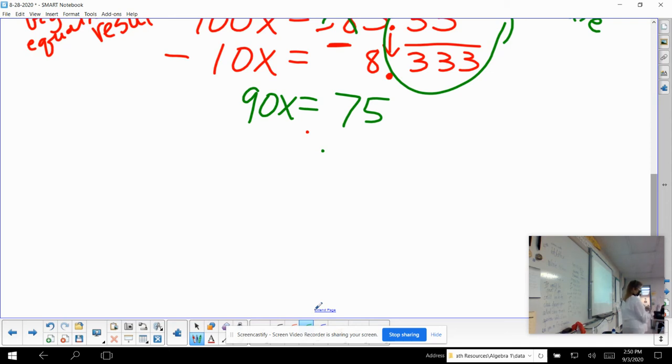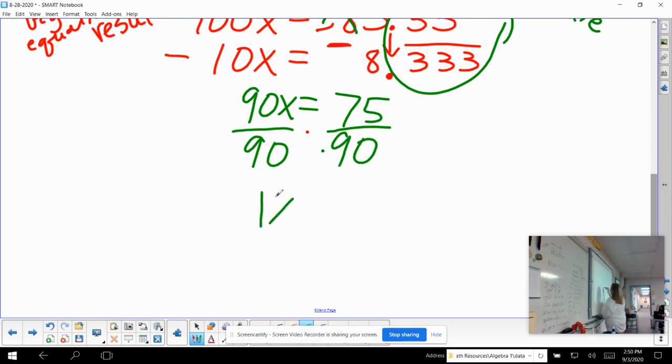Step 7, look for the number that's with the letter and divide both sides by that number. So we're going to divide by this number, and this will always be a 1. And this is actually the answer, but it's not simplified yet. In algebra, your last ratio is always your answer, but it might not be simplified.